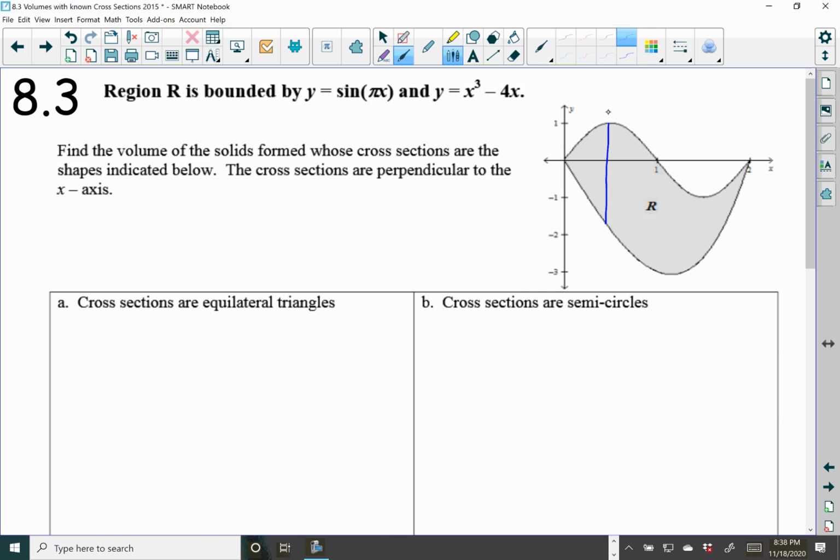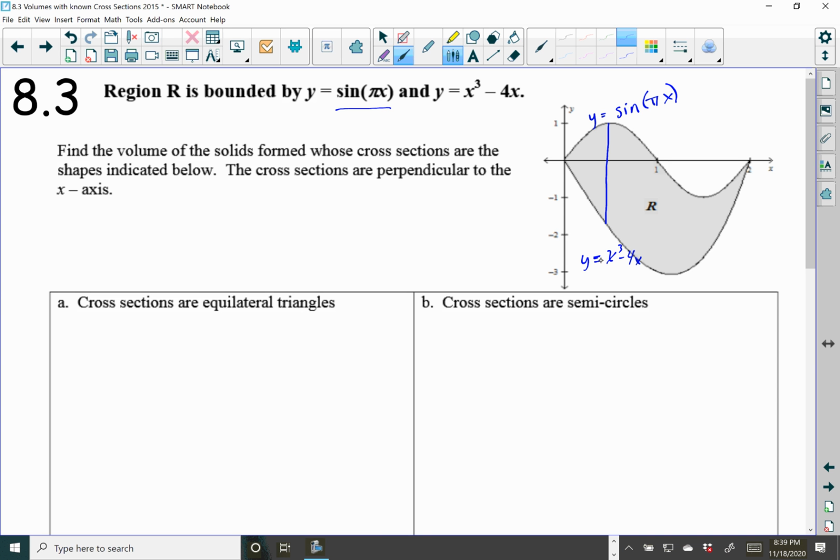Which is the top function? I gotta believe it's going to be sine of pi x minus x cubed minus 4x. And so to get the distance between them, we're going to go top minus bottom, sine minus the cubic.